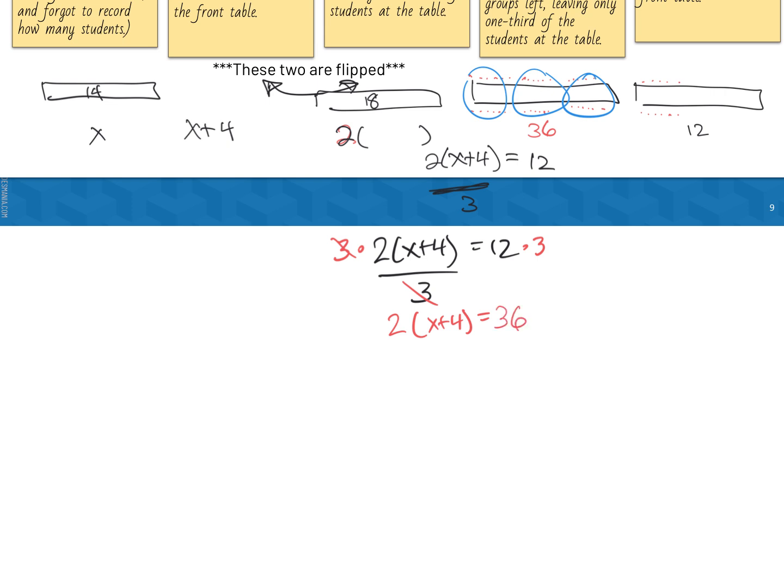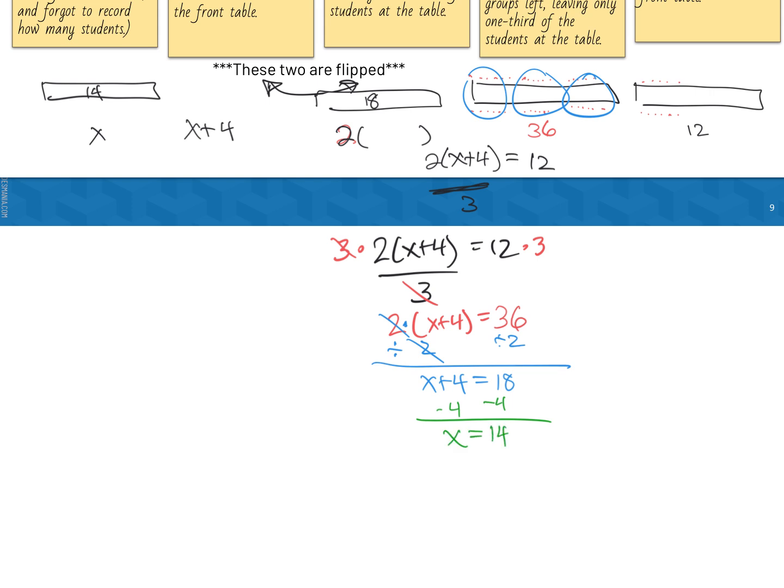We're doing opposites, and this is multiplying because it's sitting on the outside, so we can divide by 2. 2 divided by 2 leaves 1, leaving x plus 4. 36 divided by 2 is 18. And then 18 equals x plus 4, so we do opposites. Minus 4, and then we have x equals 14.